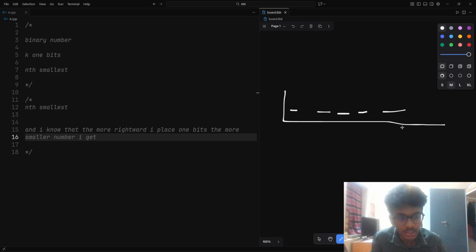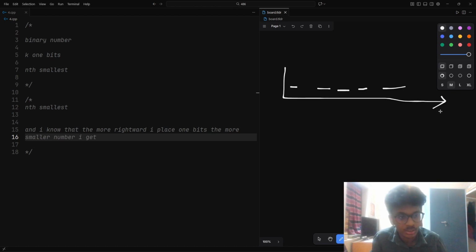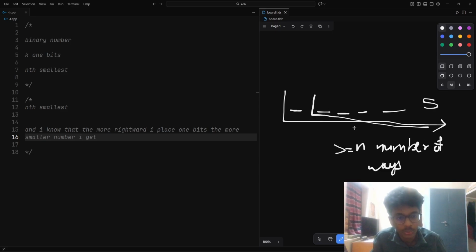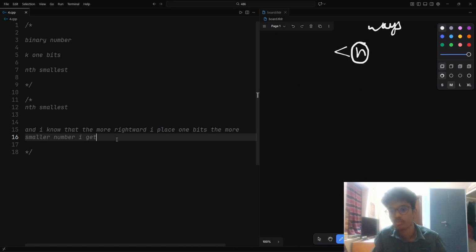If I consider all these blanks, let's say 5 blanks, I have greater than or equal to n number of ways. But if I consider only 4 blanks, this becomes less than n. That means there are not enough ways to find the nth smallest. We need this observation too.